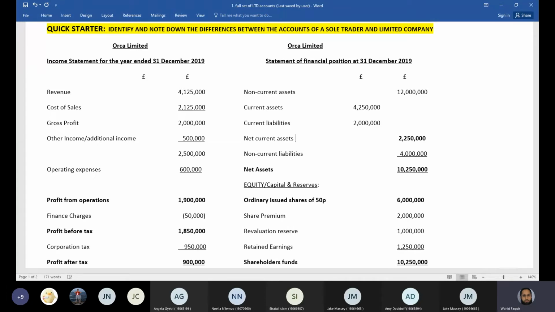Jake is asking, profit before tax is net profit. Yeah, I mean, this is slightly confusing, even with the textbooks. Sometimes they regard profit after tax as net profit, sometimes profit before tax as net profit. Now that becomes very, very important when we calculate ratios.